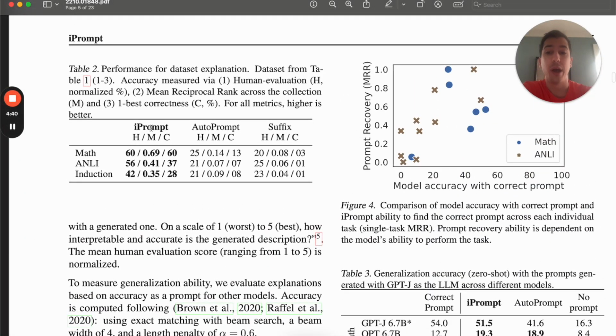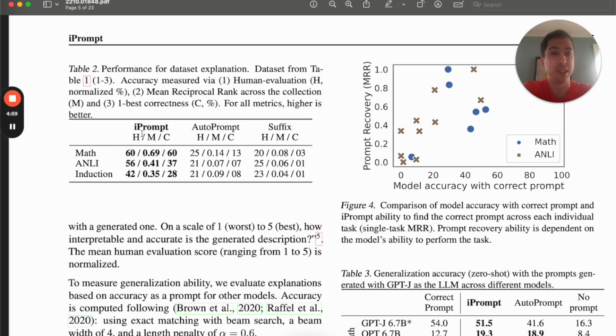So they show using this technique, they're able to find good instructions for telling GPT how to answer a data set. And they report a few different results here. I think the results are actually not the interesting part, in my opinion.